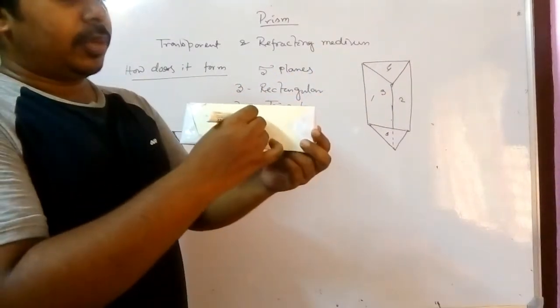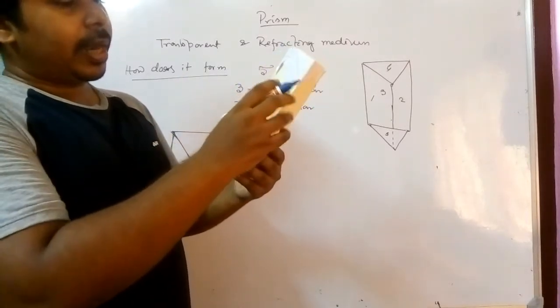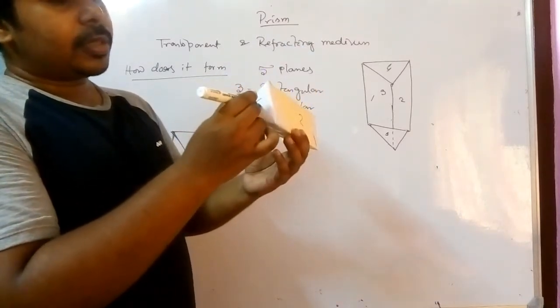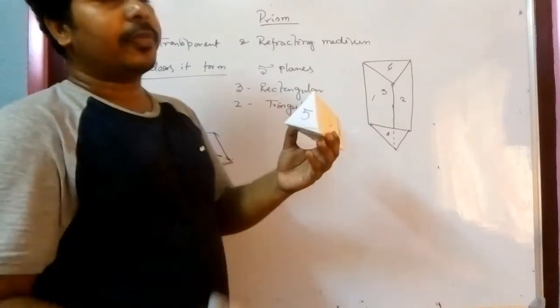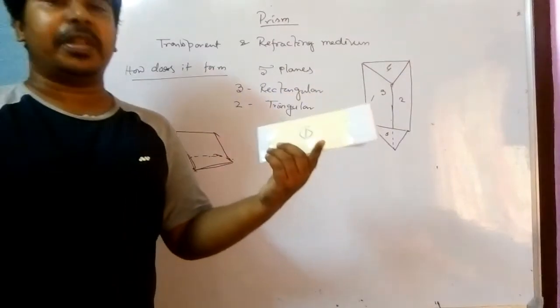This is surface number 2, a rectangular surface, and at the back is surface number 3. This is the triangular surface, surface number 4, and that is another triangular surface, surface number 5. So this is the shape of a prism.